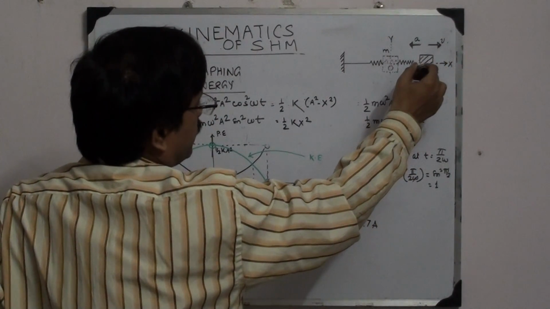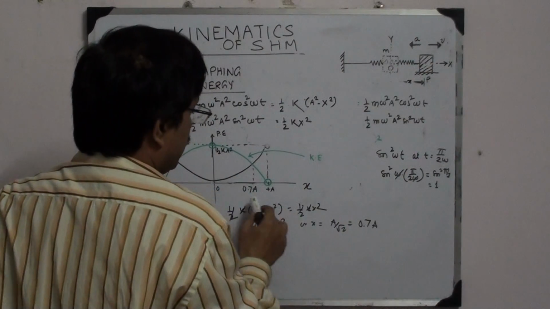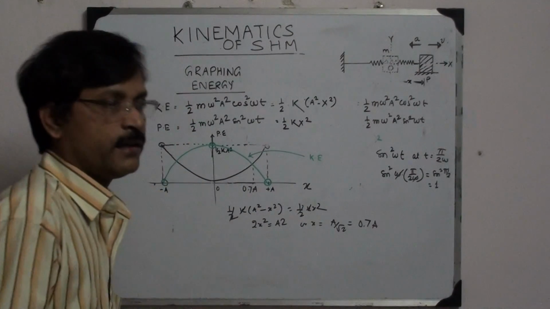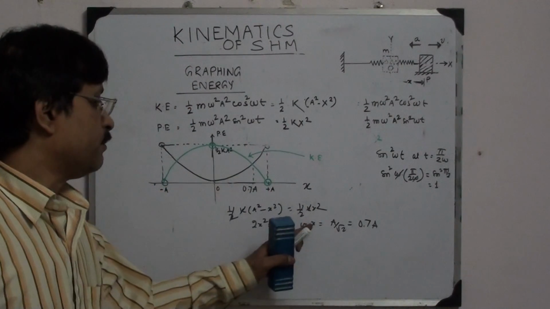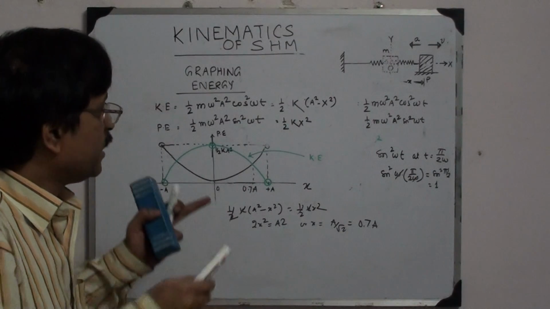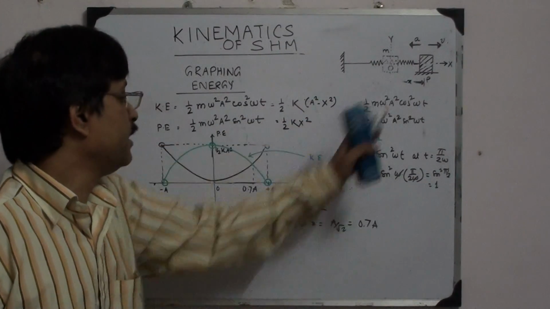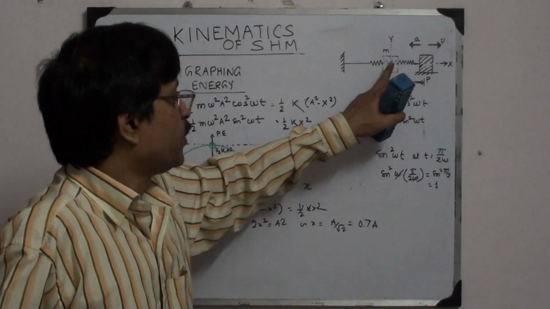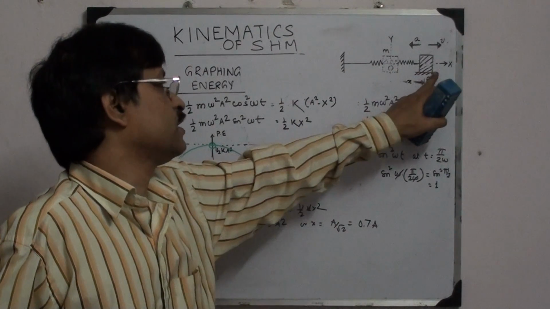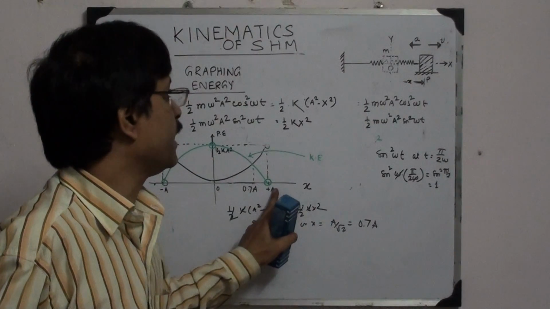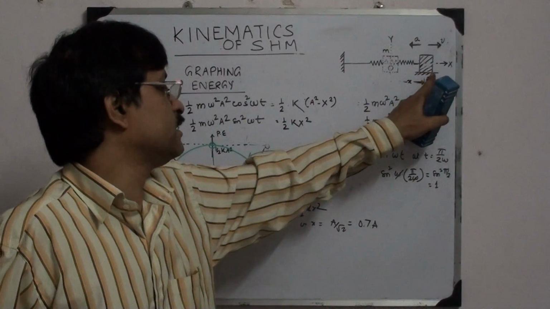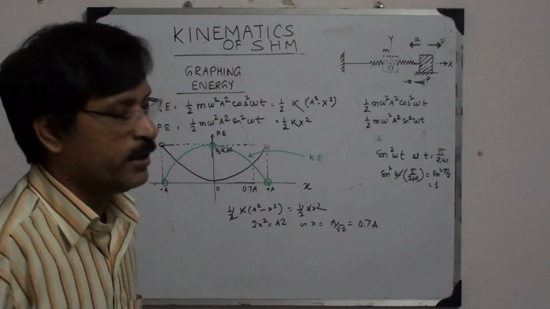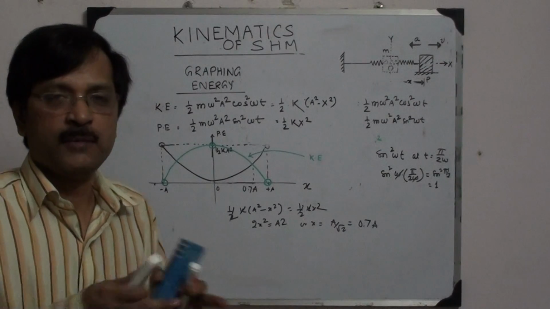It gains velocity, and at 30% of the distance from here, or 70% of the distance from here, you find that both of them become equal. In the very middle, it is not. You may think that since potential energy is 0 at the origin and maximum at amplitude A, and kinetic energy is 0 at amplitude A and maximum at 0, it may happen midway that both of them are equal.